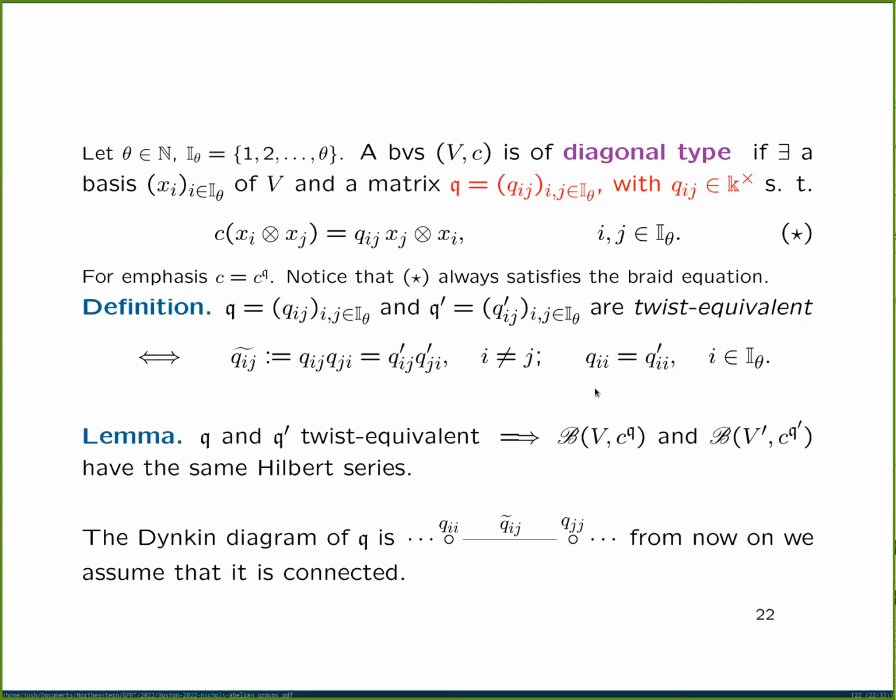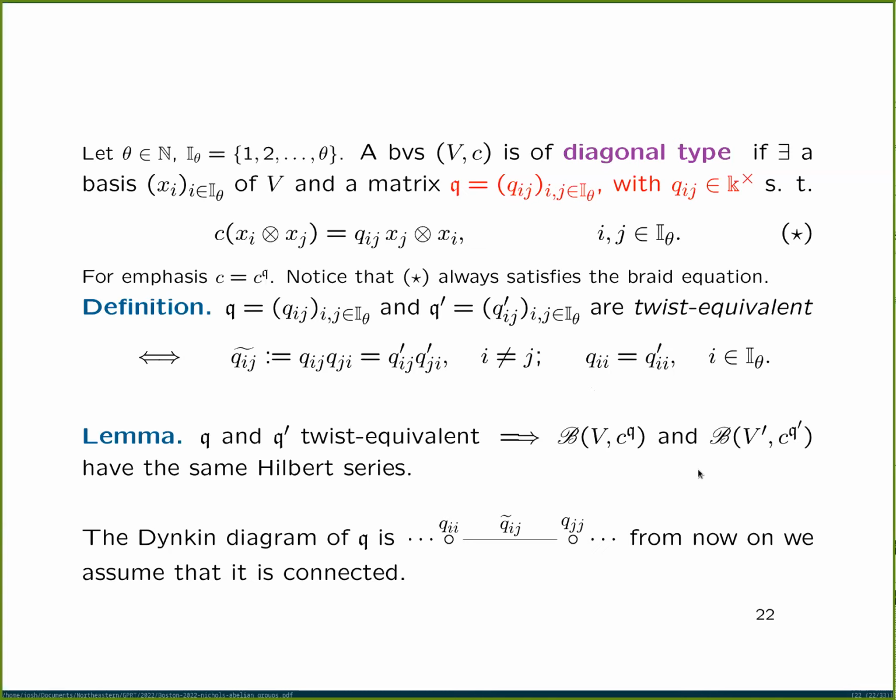And it's a lemma which says that if q and q' are twist equivalent, the Nichols algebra B(V) with the braiding defined by q, and B(V') with the braiding defined by matrix q', are not isomorphic as algebras or as coalgebras, but they have the same Hilbert series. So the dimensions of the homogeneous components are the same. And in particular, if one is finite dimensional, the other too.